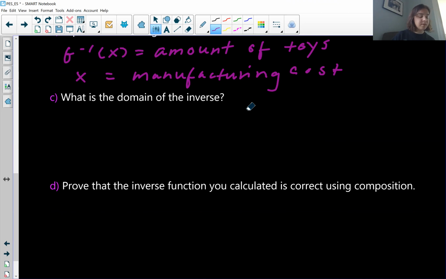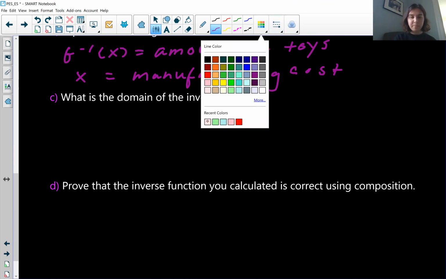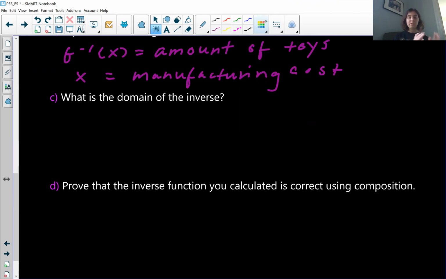So the first thing that I usually like to do is find the domain and range of the original function, because you'll probably remember that the domain of the original function is the range of the inverse. The range of the original function is the domain of the inverse. So they're switched. And so you want to know what the domain and range of the original one is, so that way you can see the switch for the inverse.